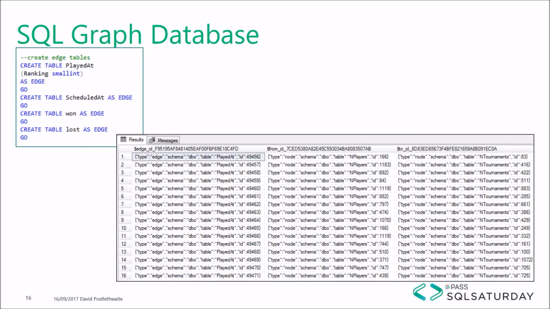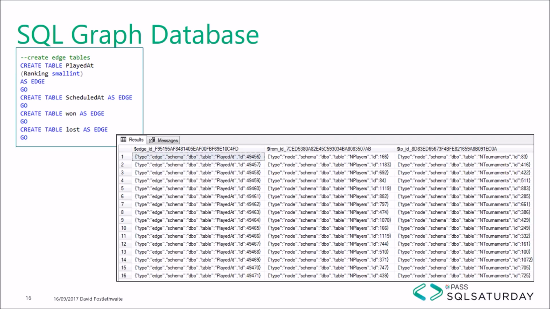So the edge table represents a relationship between two nodes, and for the current implementation the edges are always directed. Here we simply add AS EDGE to the end of the create statement. The edge table has three visible columns. We have the $edge_id_ column with an automatically generated name, and this is the unique ID to identify each row in our edge table.